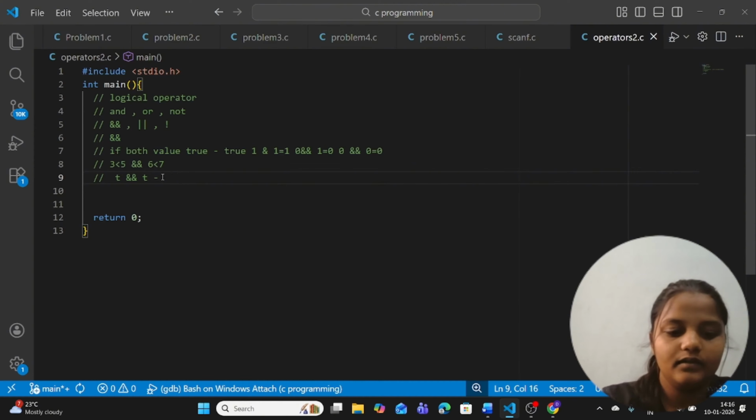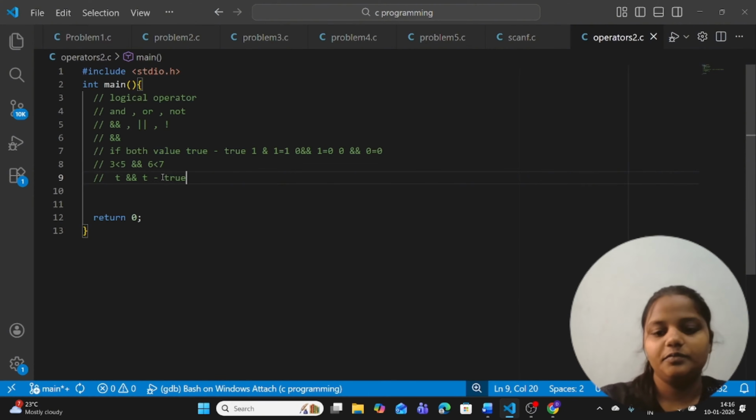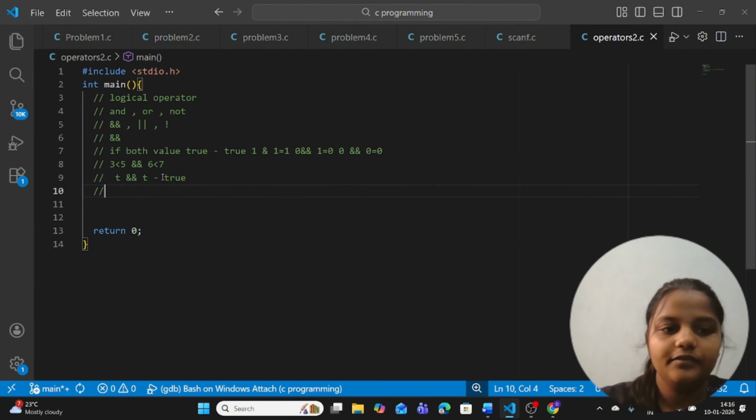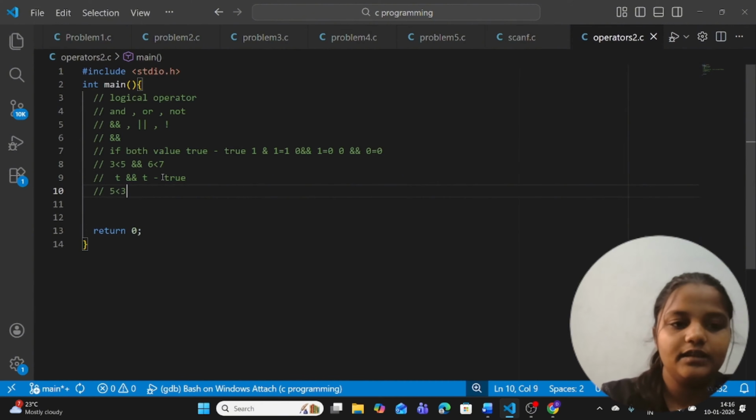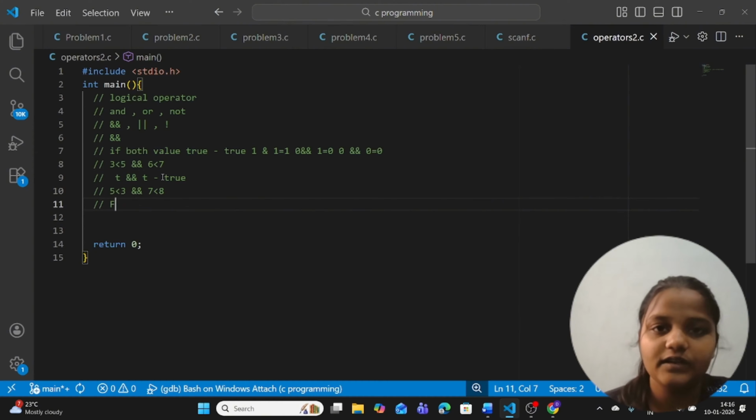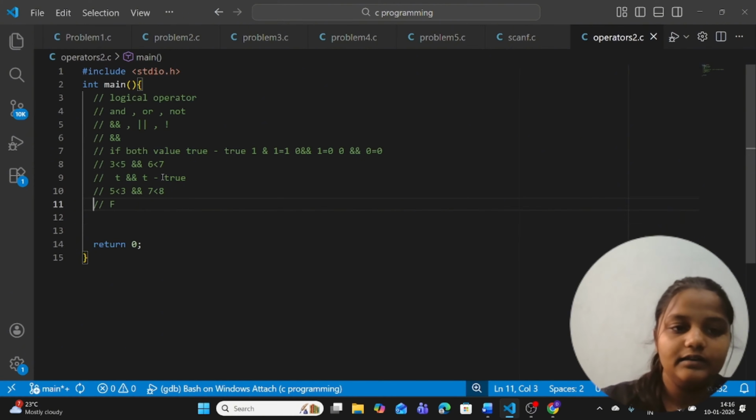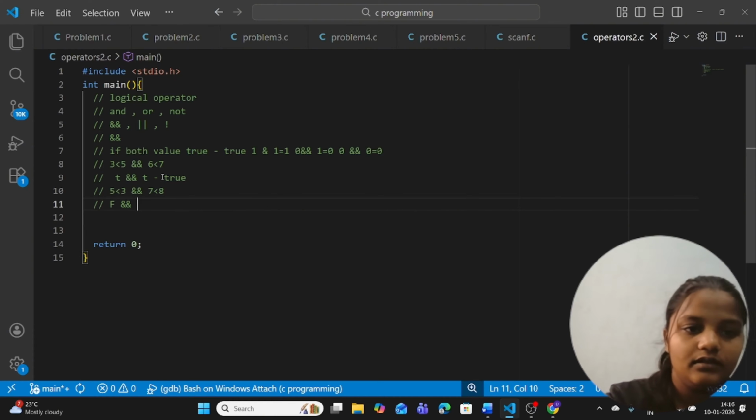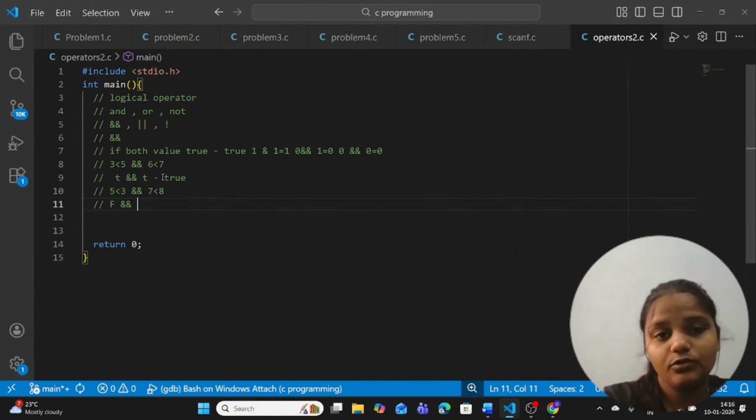Now, if 5 less than 3 and 7 less than 8, here the first is false because 5 is not less than 3, 5 is greater than 3, right? And 7 less than 8 is true. Here, one false and one true. What does the AND operator do?